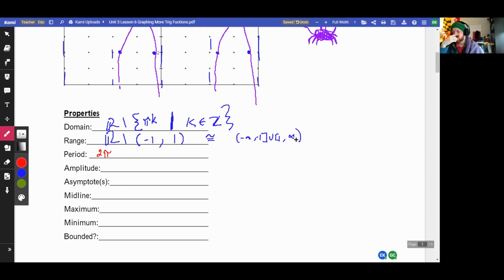How do you feel about amplitude? Can amplitude be infinity? I feel like the definition of amplitude is the distance from the midline to the maximum. That's how we defined it before, right? So I feel like the amplitude is not applicable here, because there is no maximum.